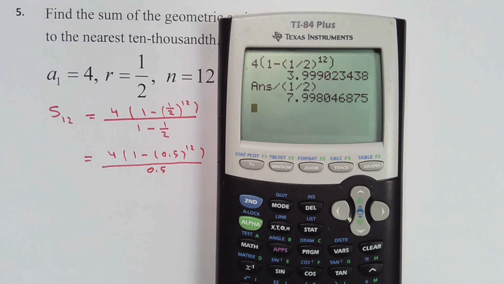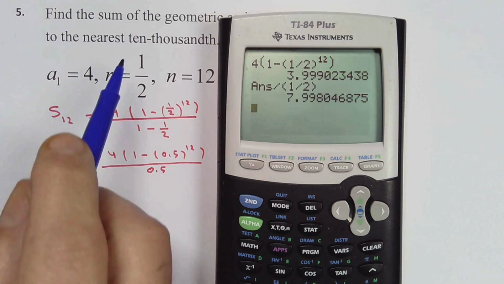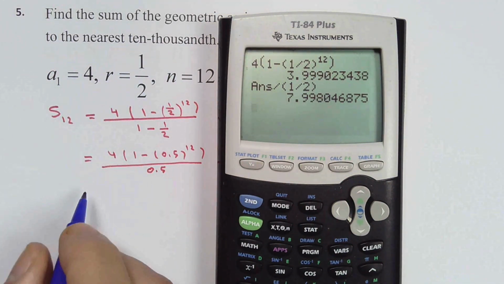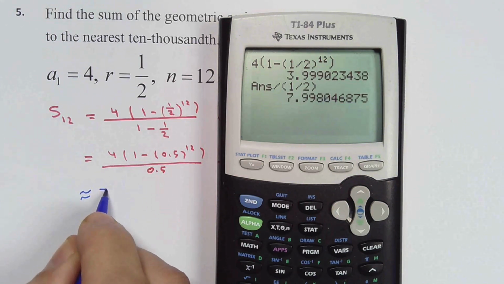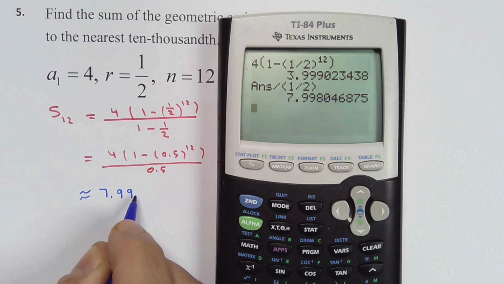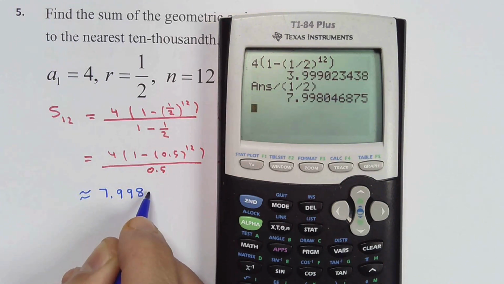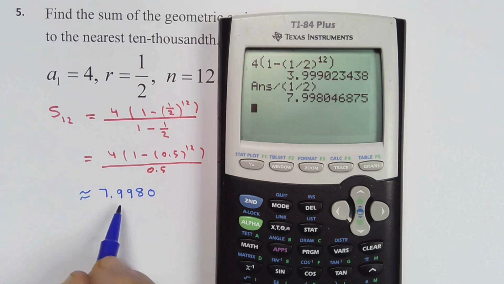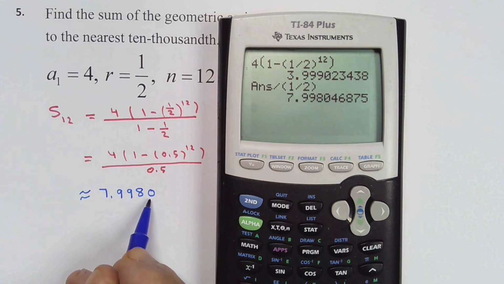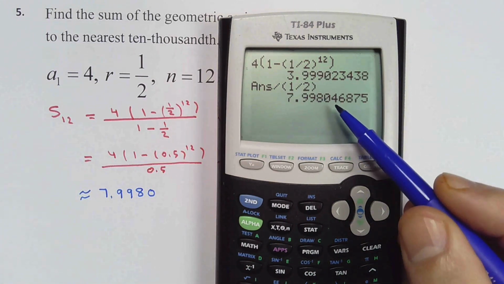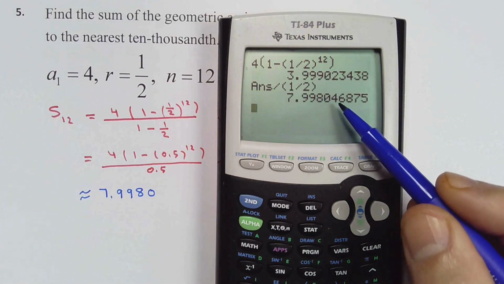So that's the answer. Since we need to round to 4 digits, that's called 10,000. So the answer is about 7.9980. That's tens, hundreds, thousands, 10,000s. Since 4 is less than 5, we just drop these digits.